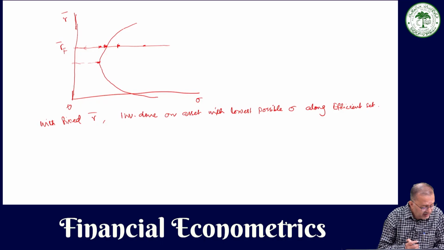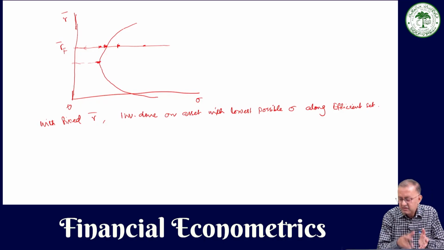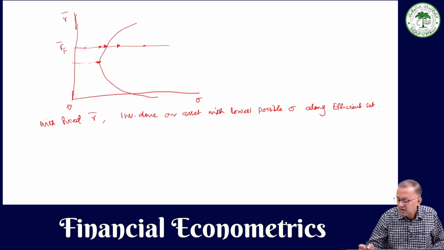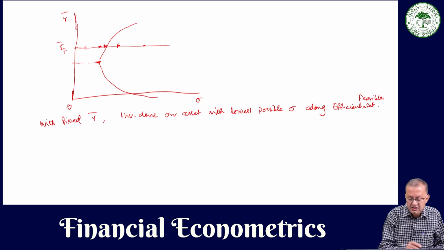So this point is known as, within this efficient feasible set, the lowest point, and this lowest point is called the minimum variance point.